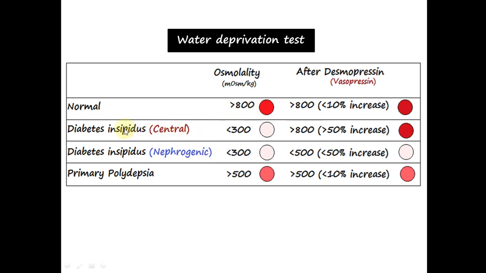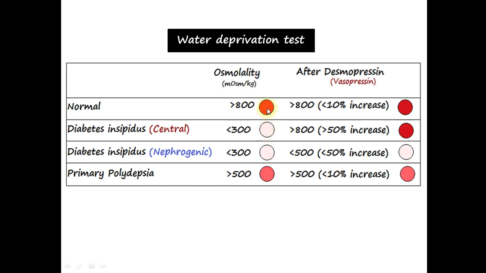But if there is lack of antidiuretic hormone, as happens in central diabetes insipidus due to problems in the hypothalamus, what will happen is that there is no reabsorption of water, and the urine is hypoosmolar.